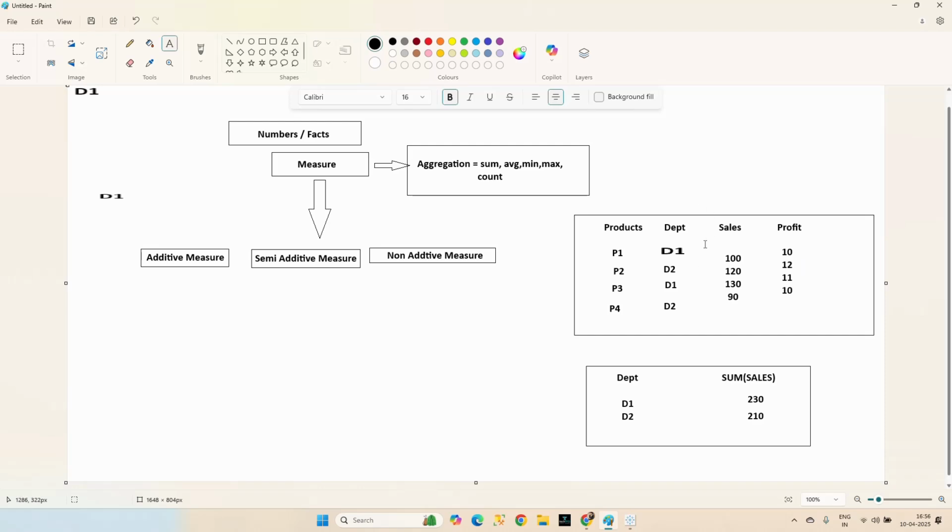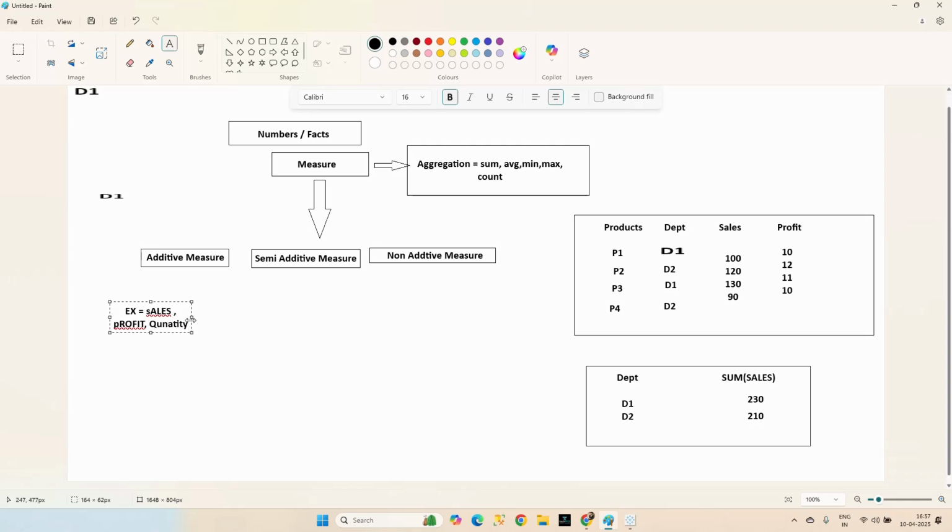So if you apply all the aggregations on the measures and they give meaningful output across all the dimensions, then it is called additive measure. Examples are sales, profit, quantity.